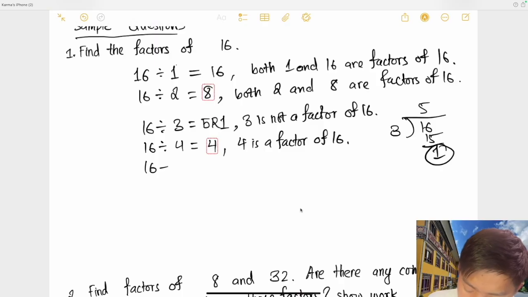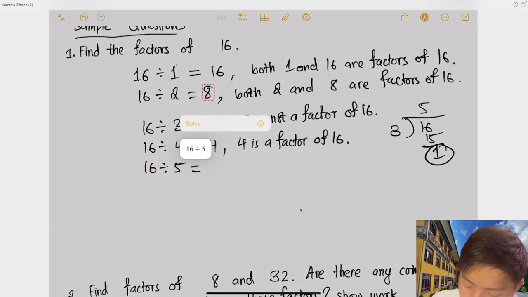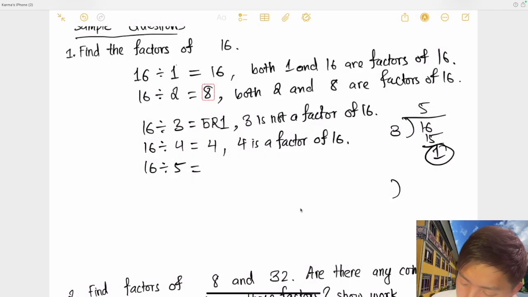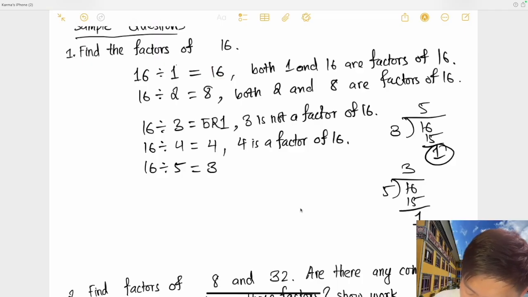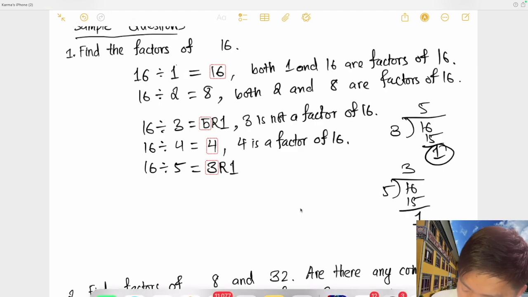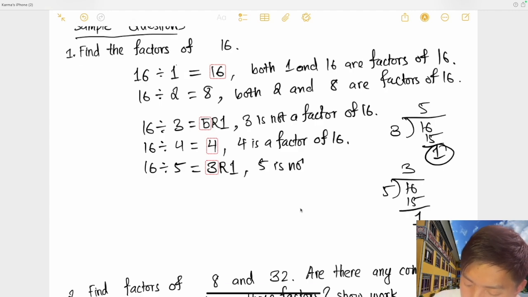Okay, the next number after 4 is 5. 16 divided by 5 is, again, not directly divisible, so you use the division method on the side, and you'll find that 5 times 3 is 15, and you're left with 1. So 16 divided by 5 is 3 remainder 1. Since there's a remainder, 5 is not a factor of 16.